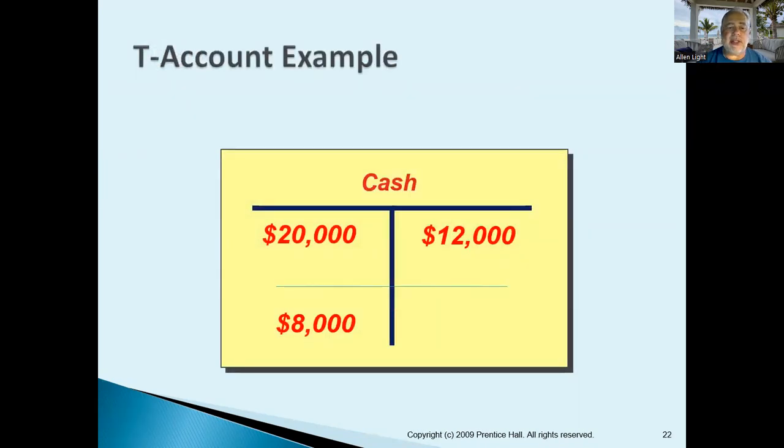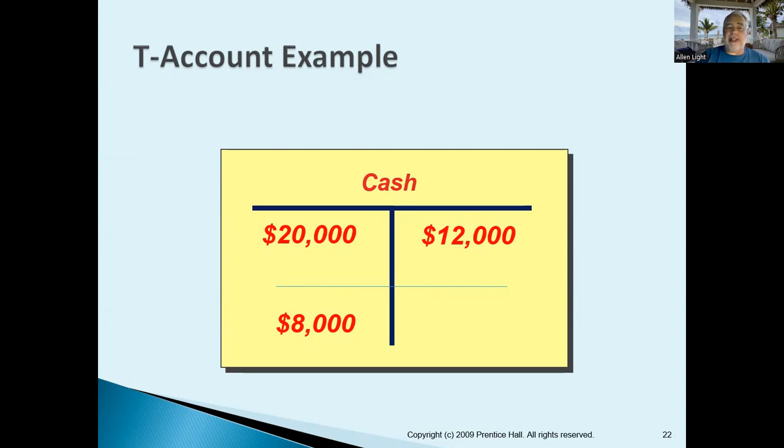Okay, using cash as an example, here's an example right here. Let's see how the T account works. Cash has a debit of 20,000 and a credit of 12,000. So in other words, at some point in time, we had a $20,000 debit to cash, and at another point in time, we had a $12,000 credit to cash. The 20,000 increases it because it's an asset.